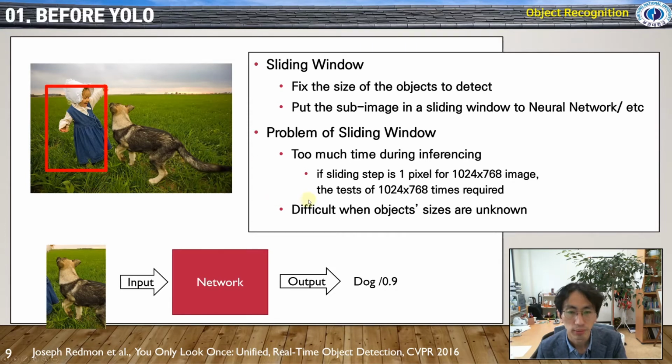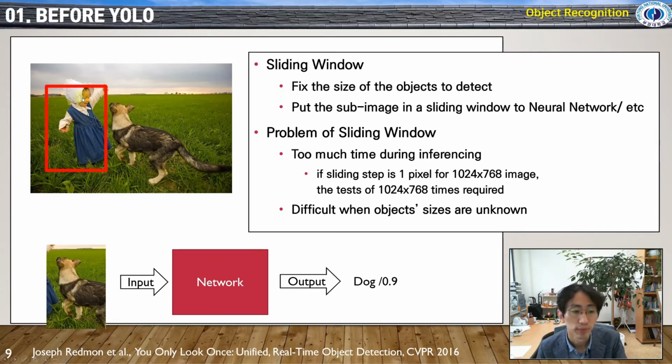Another problem is that it is difficult when the object sizes are unknown. Here I assumed the object has this shape and size, but it could have a different shape, because there are lots of cases. There could be a person with a very small size.